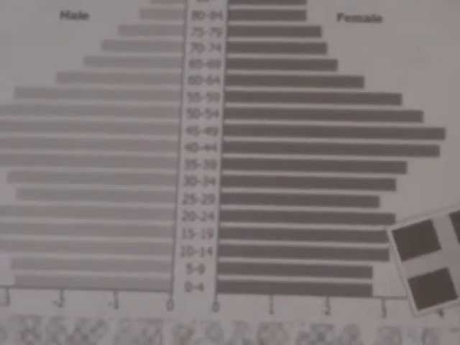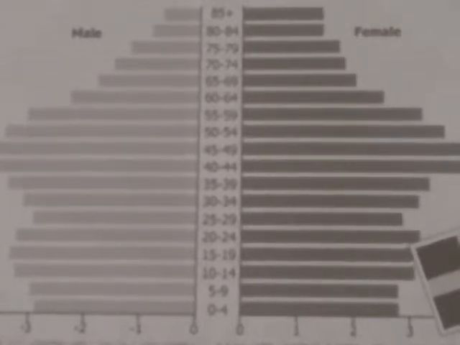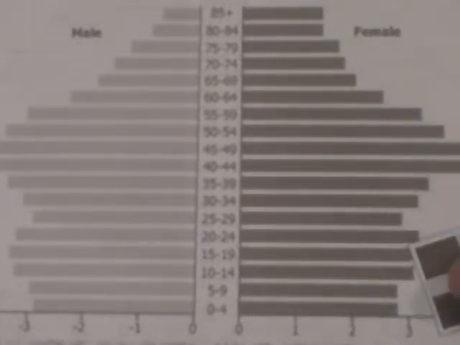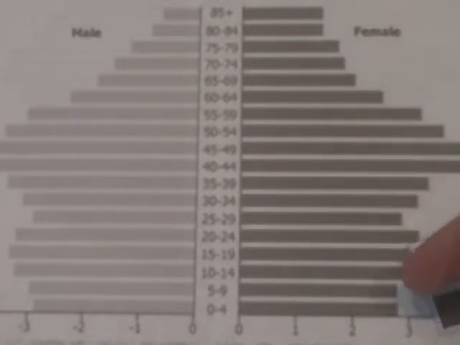Then you have the box. This is going to be a more developed nation, slow growth, remember, low infant mortality. In other words, you have infants that are living past birth.